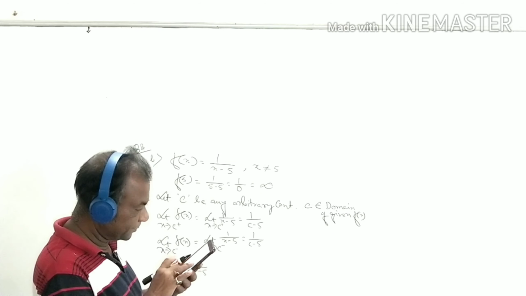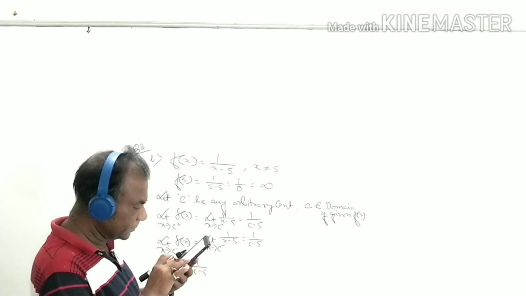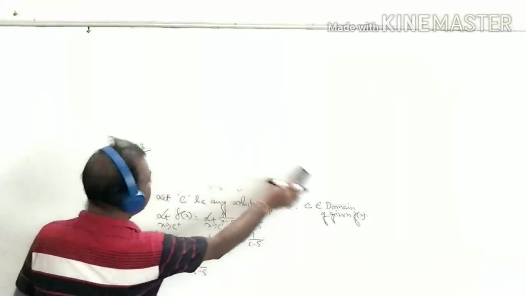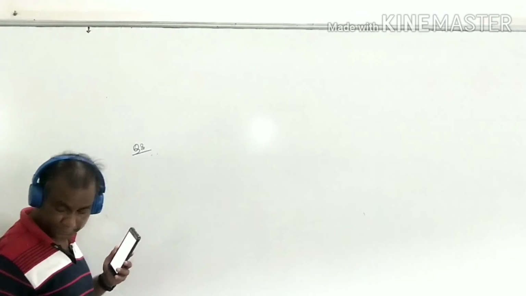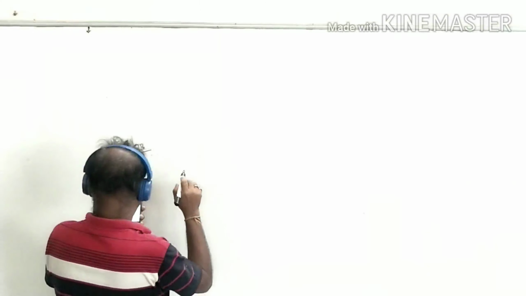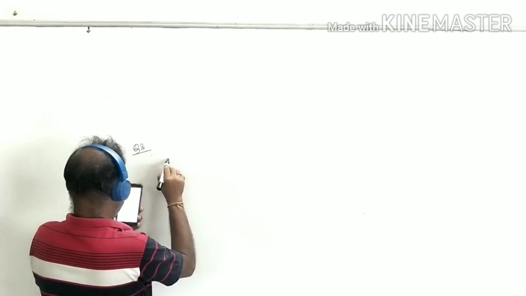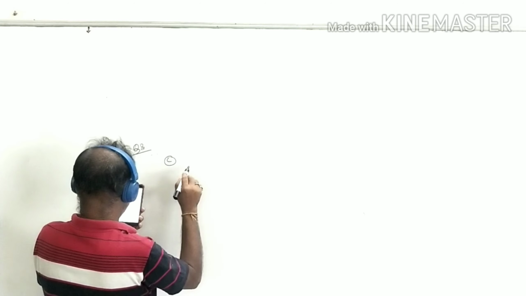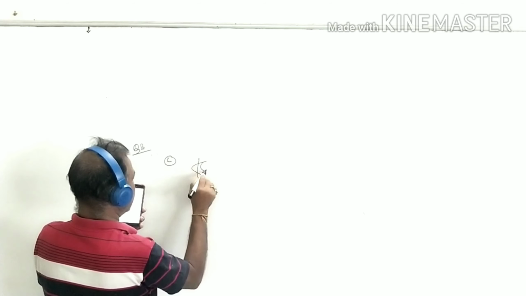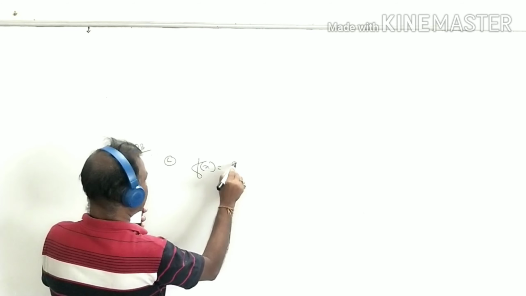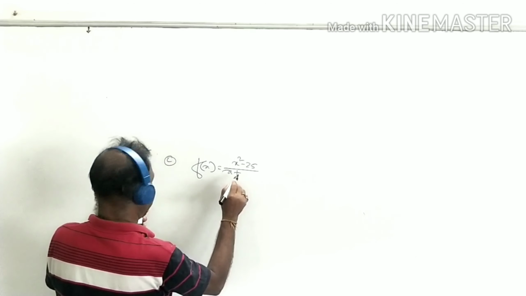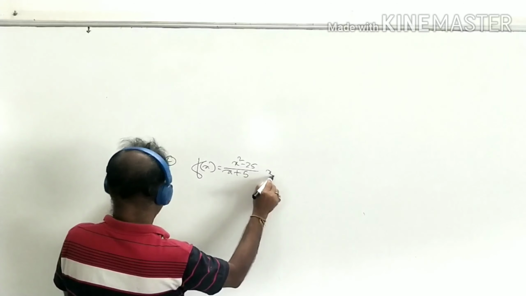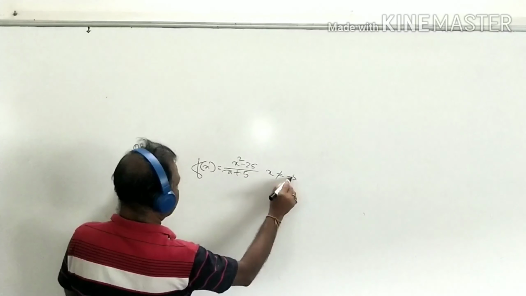Now for the fourth function, part c, f(x) equals x square minus 25 by x plus 5, where x is not equal to minus 5.